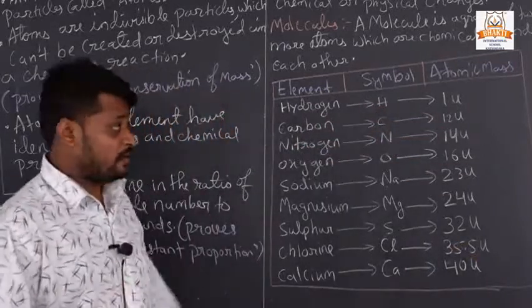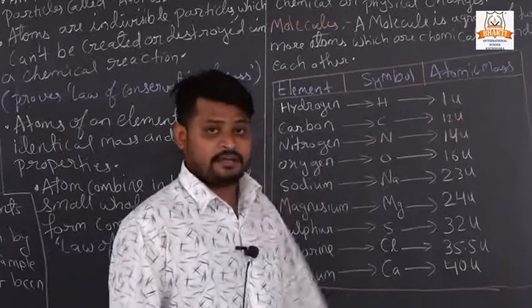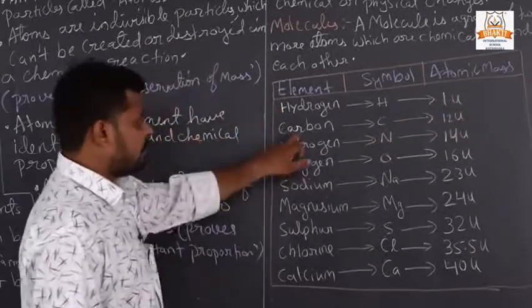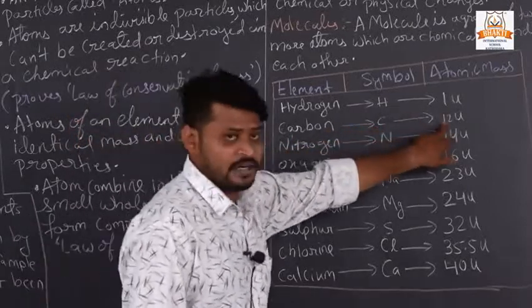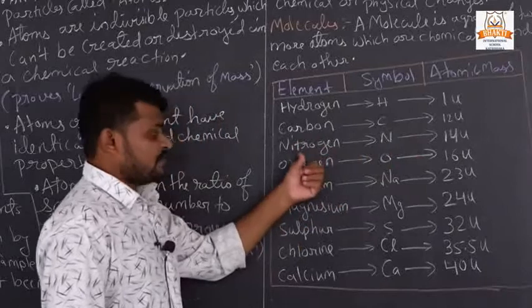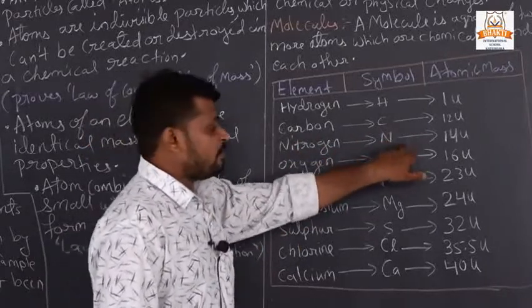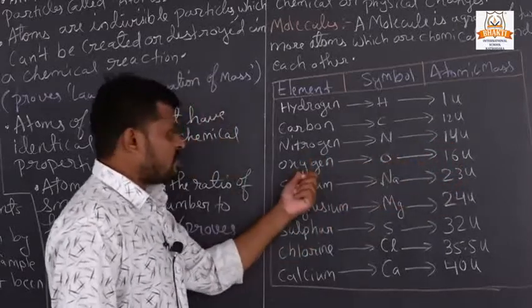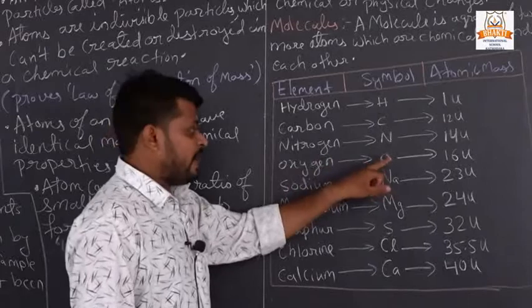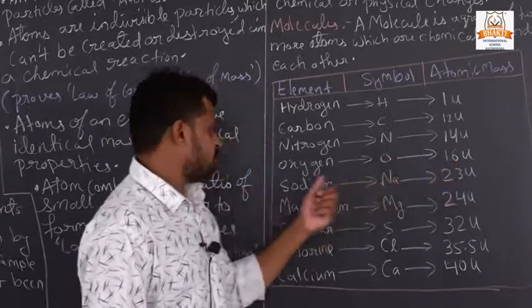Hydrogen: the symbol is H, and its atomic mass is 1. Carbon, C, has atomic mass 12. Nitrogen is represented by N, and its atomic mass is 14. Oxygen is represented by O, and its atomic mass is 16.